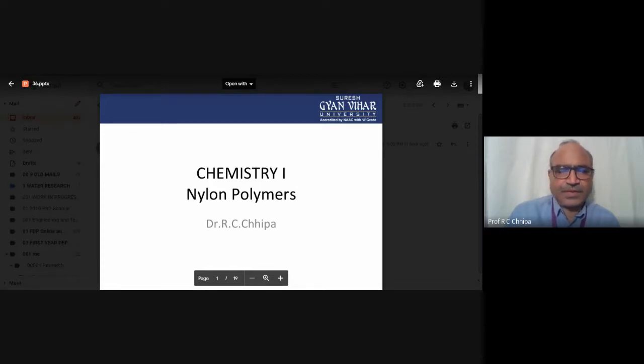All of you are well known about the oxalic acid. This is a two carbon atom dicarboxylic acid. Oxalic acid: C double bond O, then hydroxy group, and another carbon double bond oxygen, then hydroxy. So that is the oxalic acid.